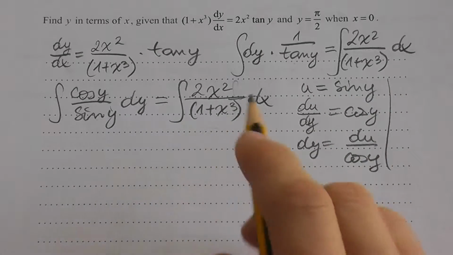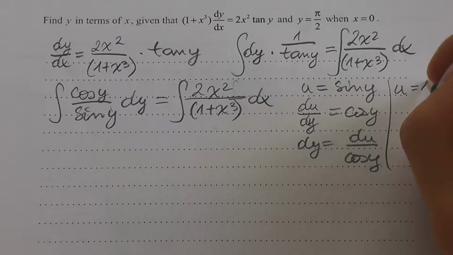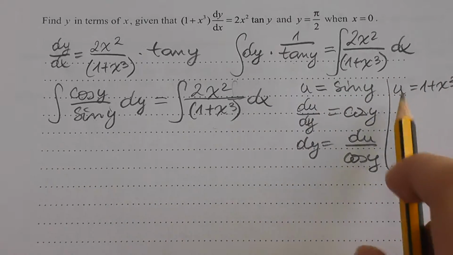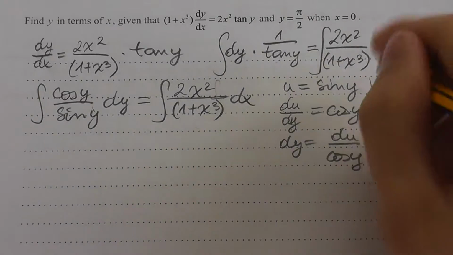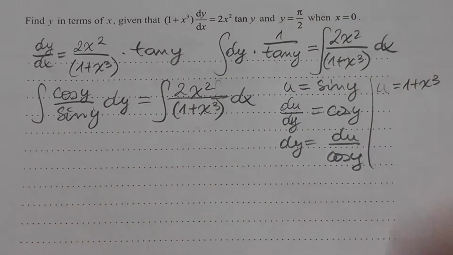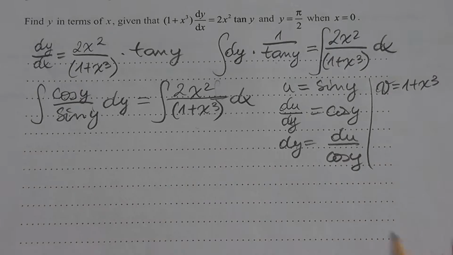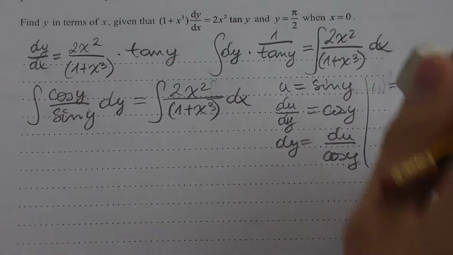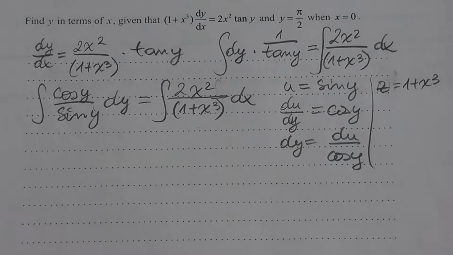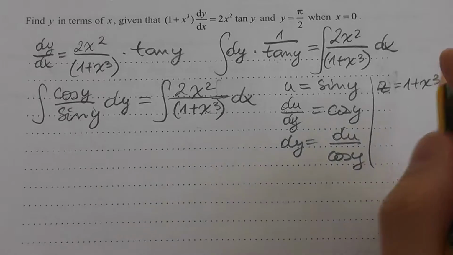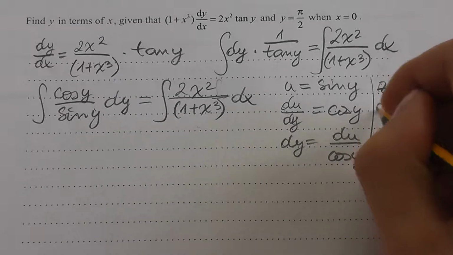For this one, we also use substitution, but we use substitution 1 plus x cubed. I write it as u, but just so that it isn't confusing, you can write it as some other letter, let's say v, although that confuses you again because then we are dealing with homogeneous equations. So probably the letter z, and we're not doing complex numbers, so just hold in there.